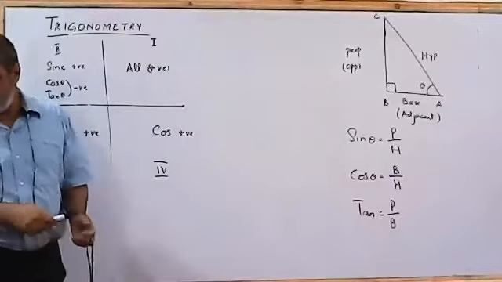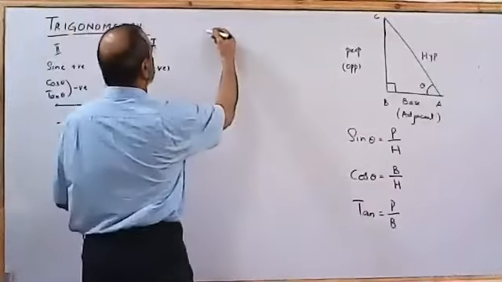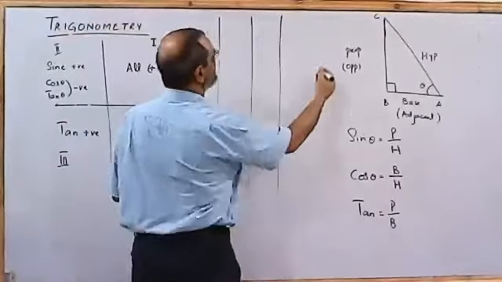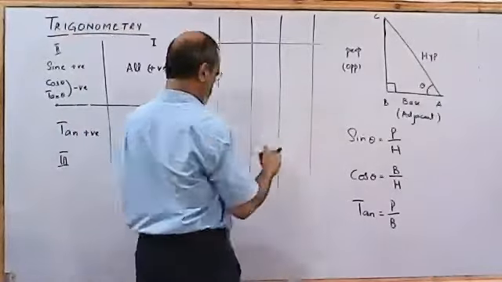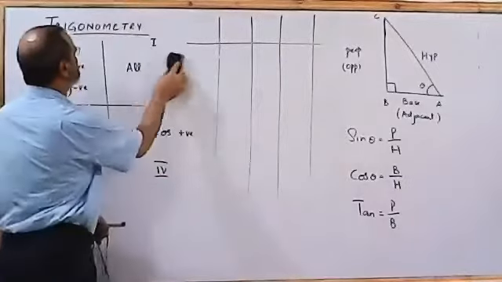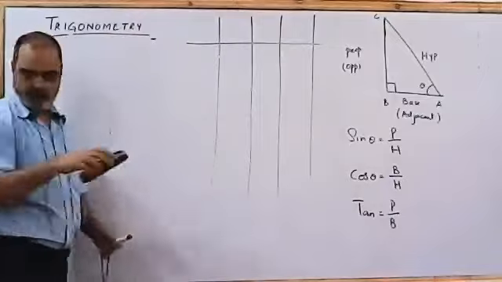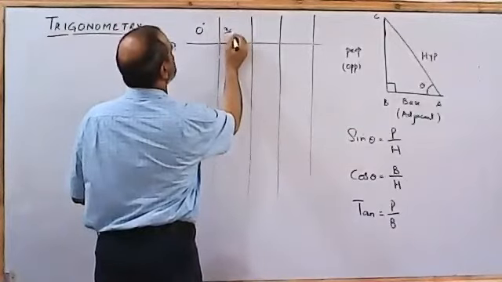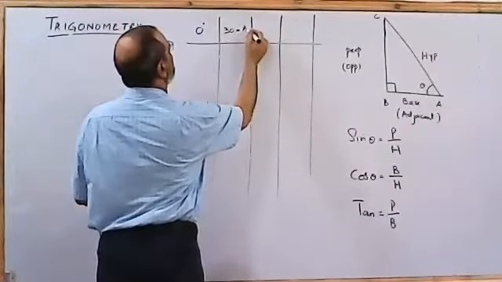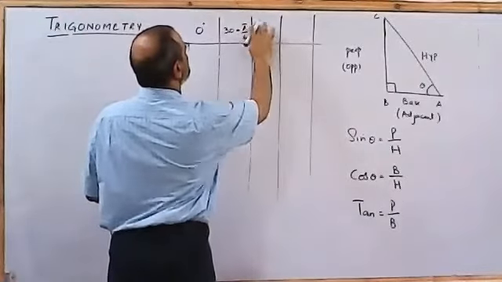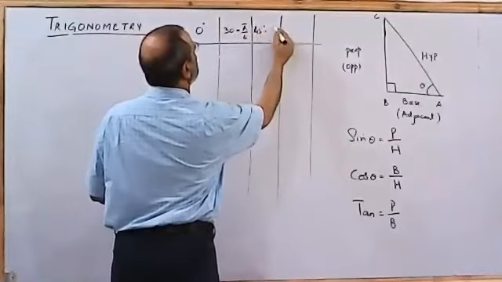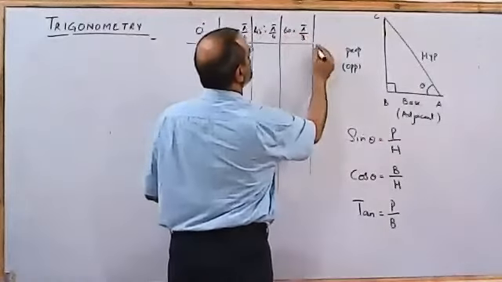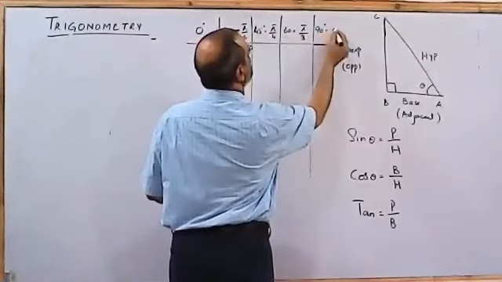The exact values of sine, cos, tan for 0 degree, 30 degree or pi by 6, 45 degree or pi by 4, 60 degree, pi by 3, 90 degree, pi by 2.